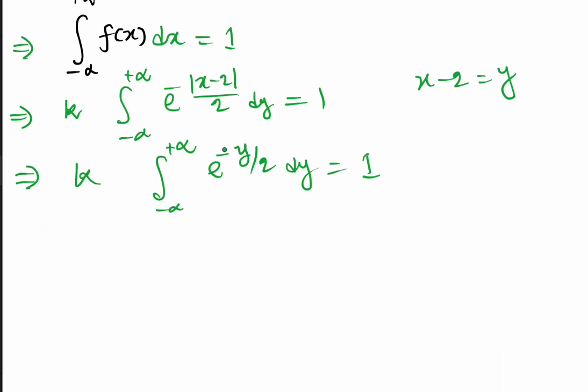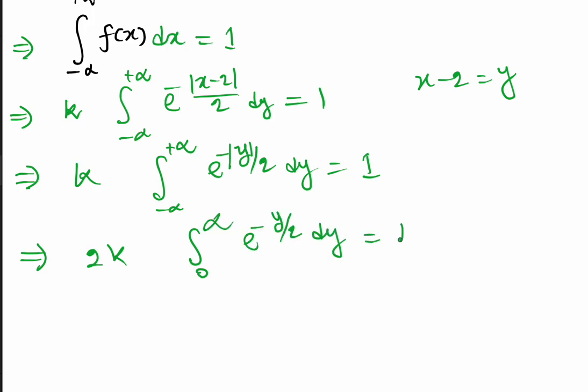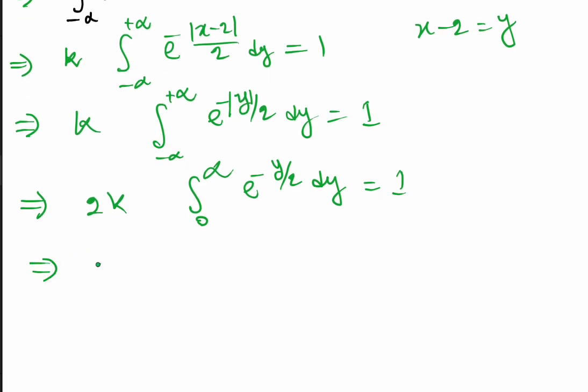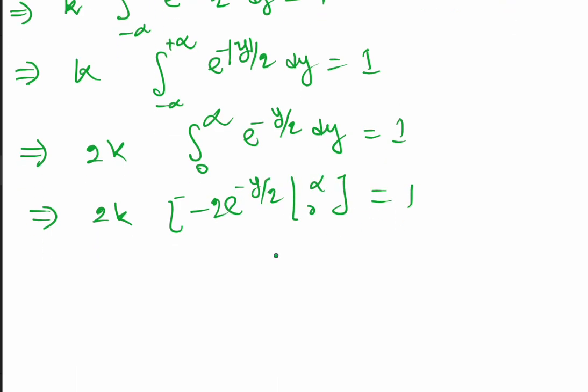Now this is mod y. Since mod y is an even function, this will become 2k integral from 0 to infinity of e to the power minus y by 2 dy equal to 1. That means 2k times minus e to the power minus y by 2 from 0 to infinity should be 1.